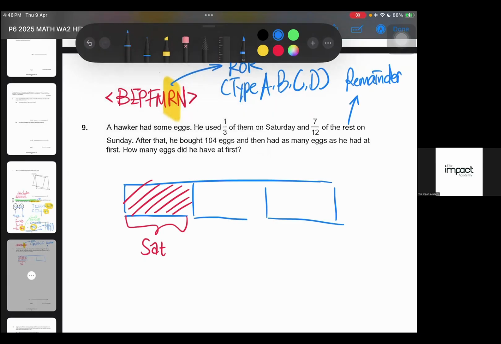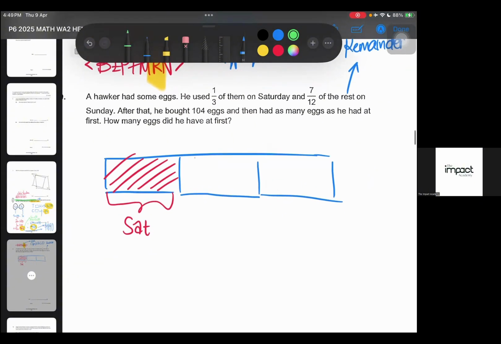For the remaining in this situation, you can split it into how many? You can split it into 12. So 12, that means each part has to have 6. 1, 2, 3, 4, not enough. 1, 2, 3, 4, 5, not enough. So 1, 2, 3, 4, 5, 6.